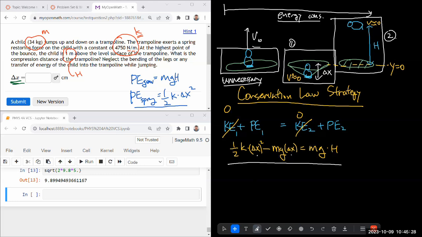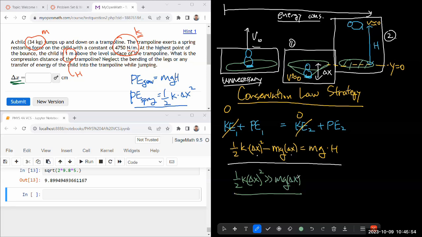I have an intuitive sense that this relationship might be true: that this 1/2 k delta x squared spring potential energy might be much greater than the magnitude of this gravitational potential energy change due to the compression.